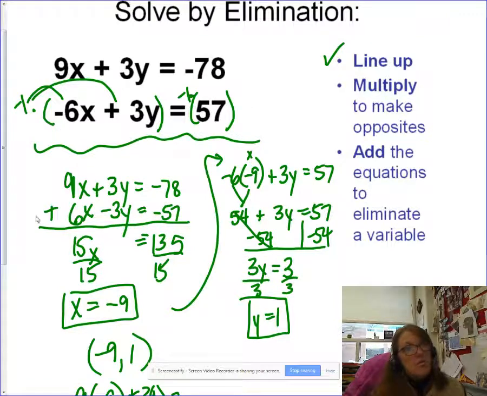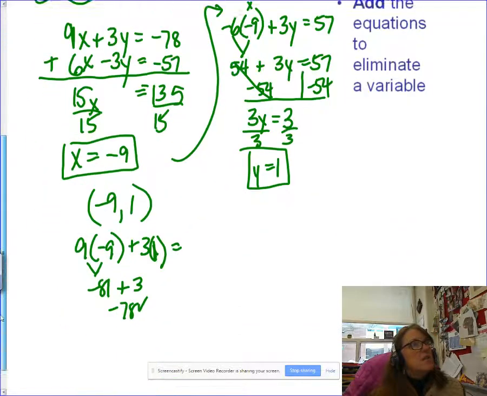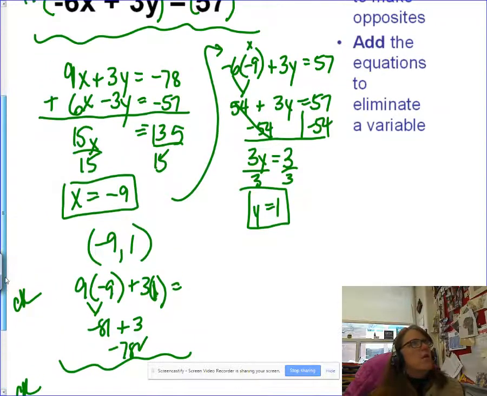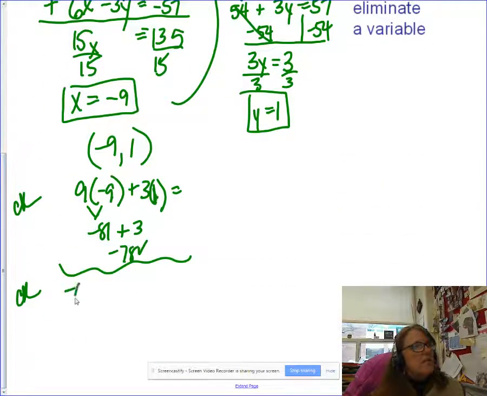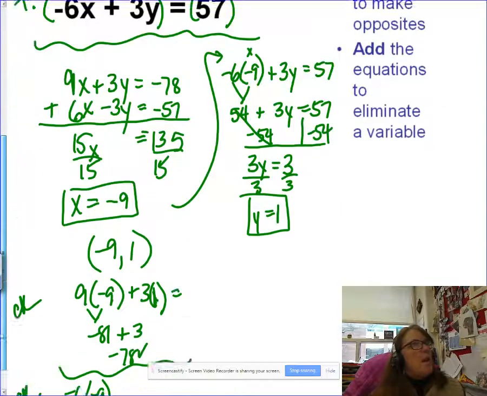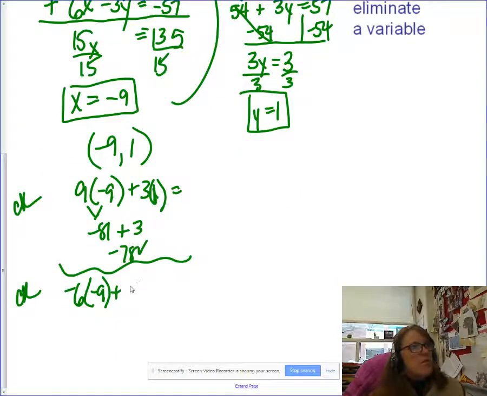Go back and also check the original second equation, negative 6x plus 3y. So here's my other check. So that was check number 1. Here's check number 2. Now I forgot the equation already. Negative 6x plus 3y.